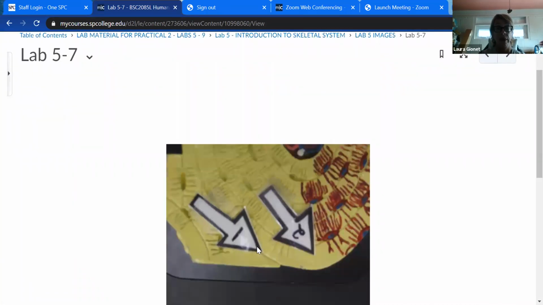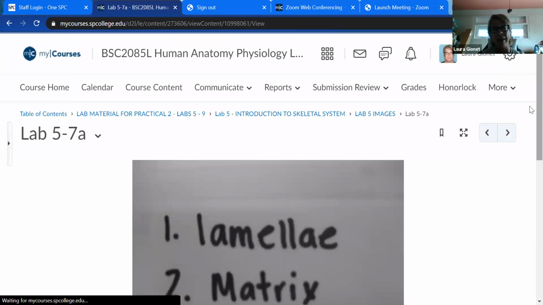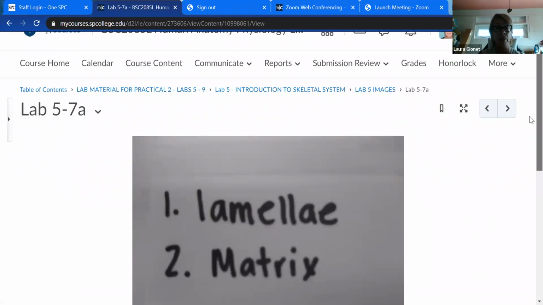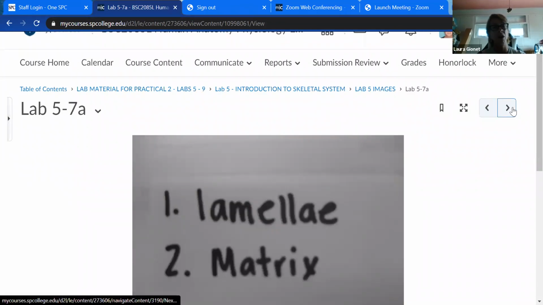Then we have the matrix and rings of matrix. I generally don't ask you those, the lamella and the matrix. I generally don't ask you to point them out on the model also, because you're never quite sure, is she asking me about the yellow stuff, or is she asking me about the ring?